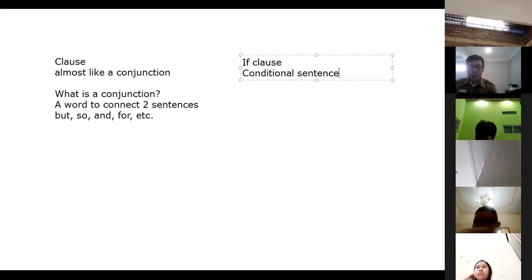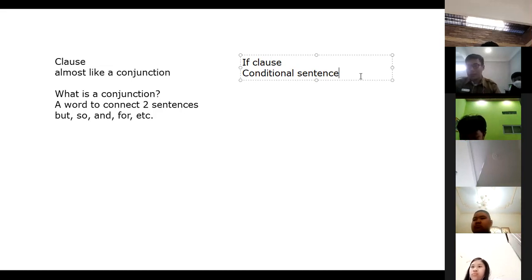While with a conjunction itself, you just connect two sentences together. But a conditional sentence with the clause, you have something that you want to do, and it will become something else. Because we talk about if clauses, the word if itself is something that could happen if you do this.